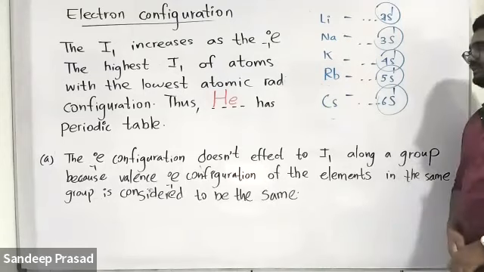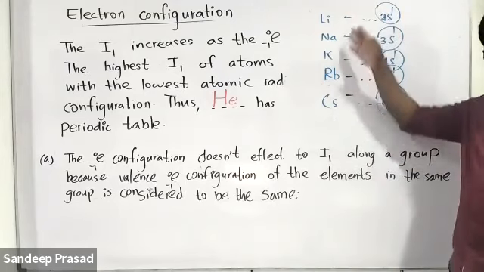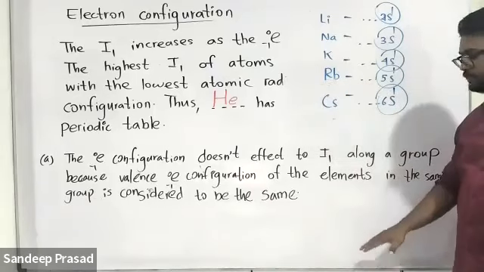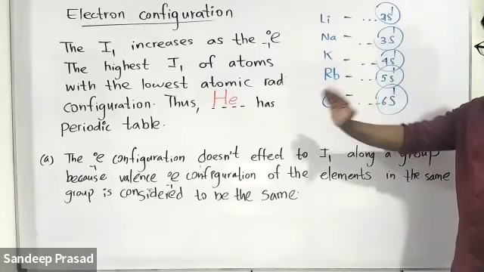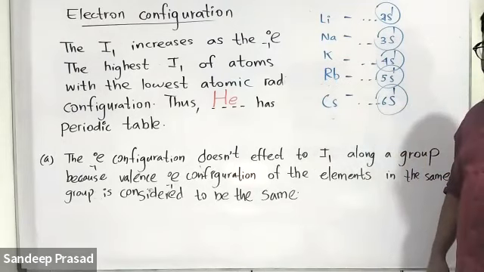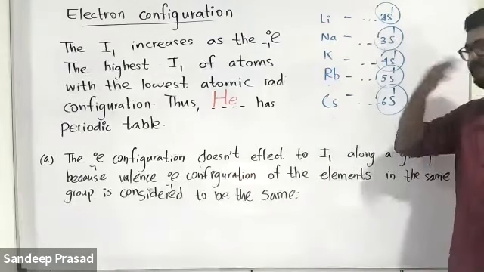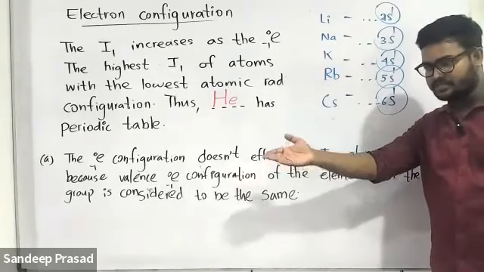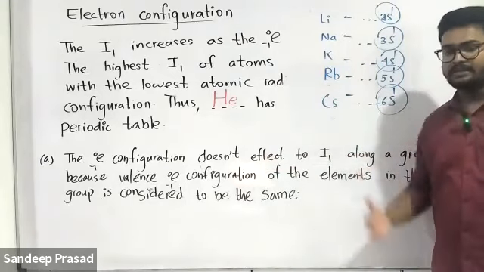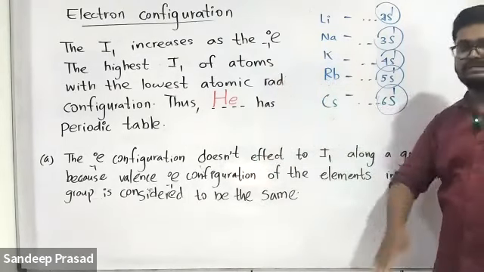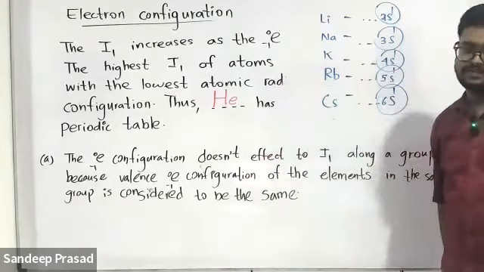So now tell me, for the elements in a group, electron configuration is not the affecting factor. Then only the radius. Then, sir, in which cases are the electron configurations affecting? Along the period. Because along the period, from element to element, electron configurations are completely different.